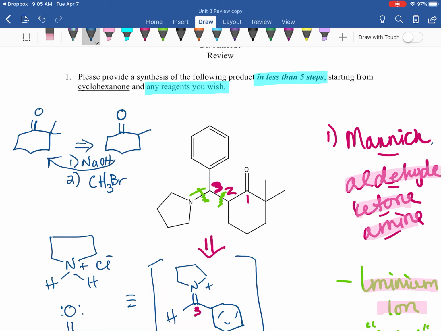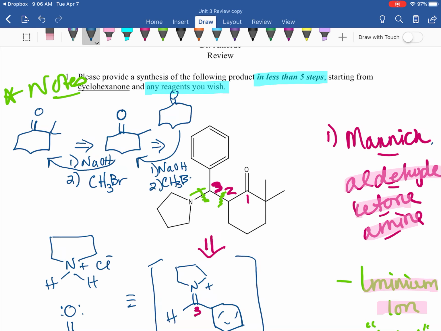Okay, again, this one is exactly in your notes. So if we want to go one step backwards again, how do we make this one from our cyclohexanone? We can use any base to add that methyl. So we could literally do it twice. In fact, could we do that in the same reaction pot? We can. So this is awesome.